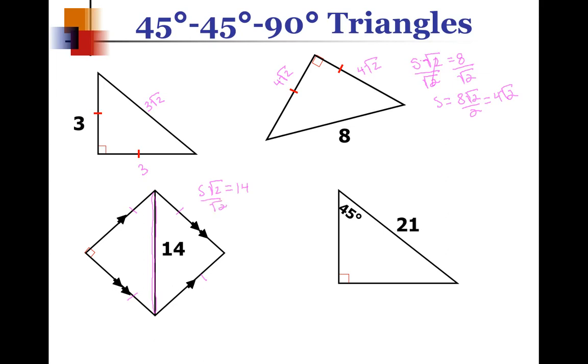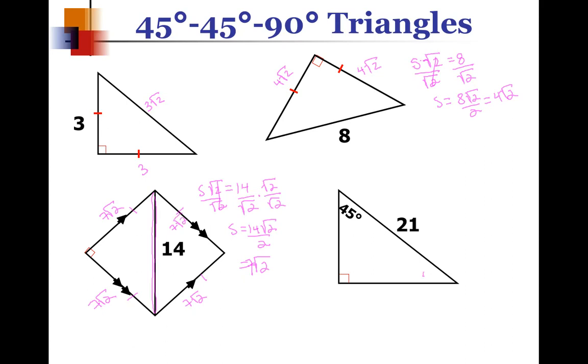Divide by root 2. So the side is going to be 14 root 2 over 2 when I rationalize. Right, because I'm going to multiply by root 2 over root 2. And this is just equal to 2. So that's 7 root 2. So this side is 7 root 2, this side is 7 root 2, this side is 7 root 2, and this side is 7 root 2.